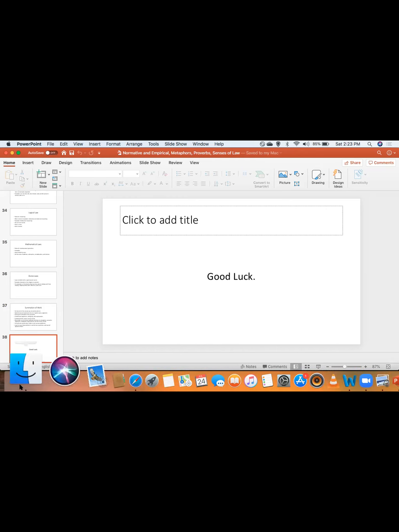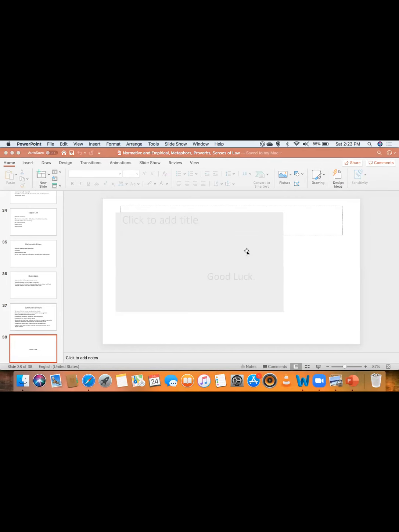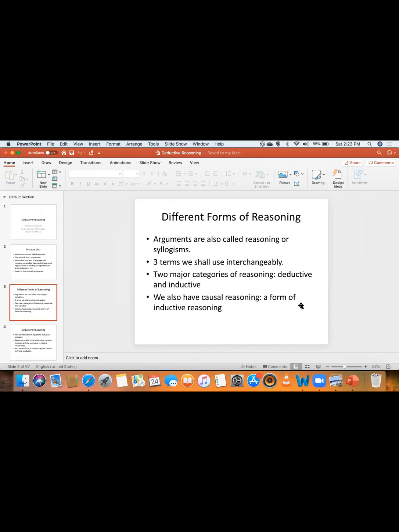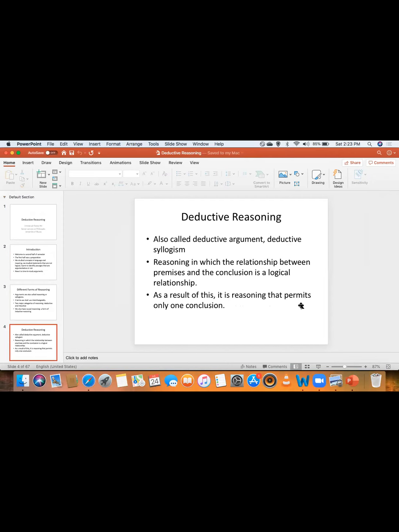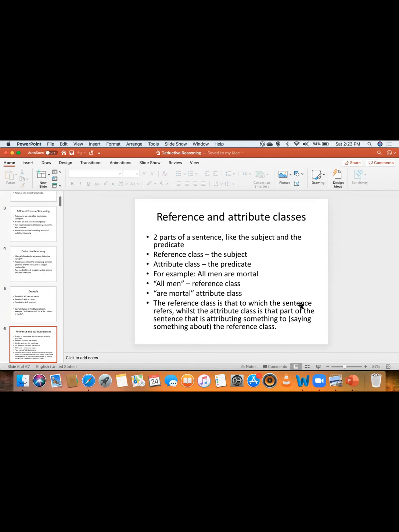So after this class, we went into arguments and we began with deductive argument or deductive reasoning. We said deductive reasoning is reasoning in which the relationship between the premises and the conclusion is a logical relationship. And because of this, it is reasoning that permits only one conclusion. We saw an example of a deductive argument.